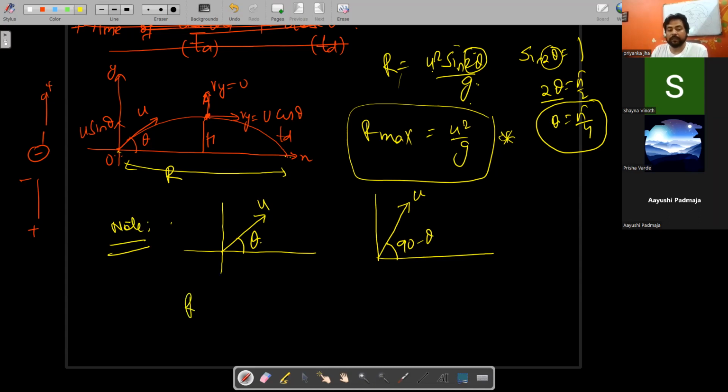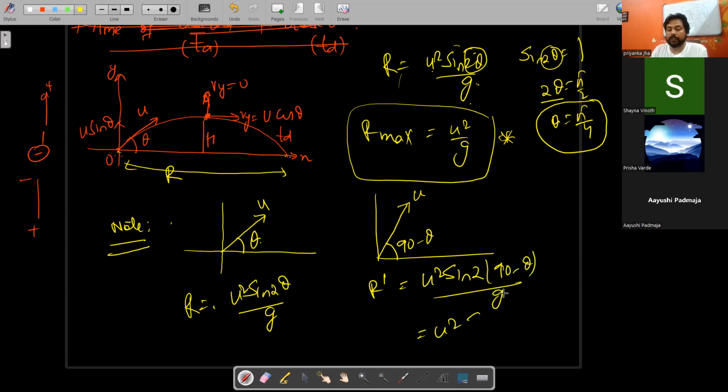What is the formula of range? R equals 2u square sine theta into cos theta, or you can also write it like this: u square sine 2 theta upon g. Theta is the angle made with horizontal. In the other case, let's say this is R dash: u square, speed has to be the same, sine 2 times the angle with horizontal, which is 90 minus theta, upon g.